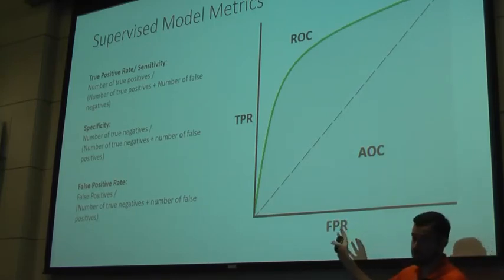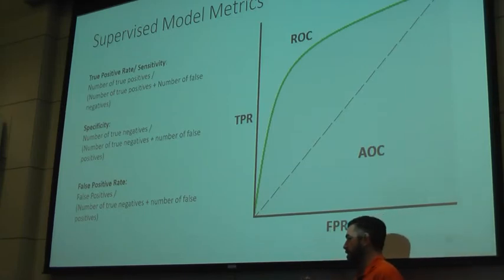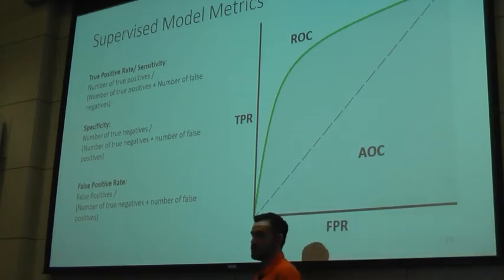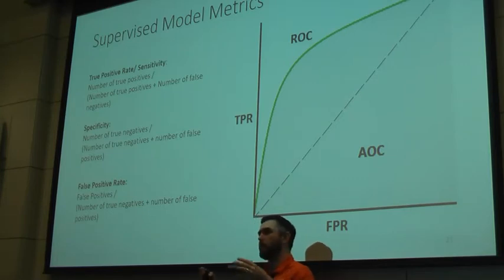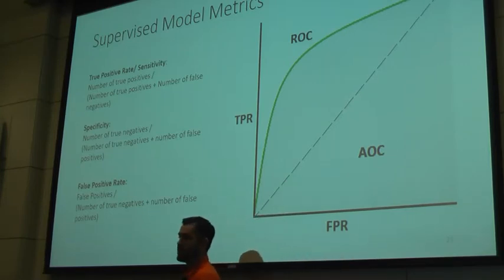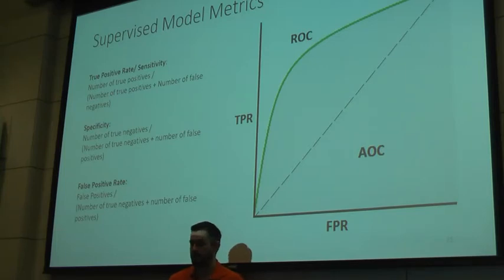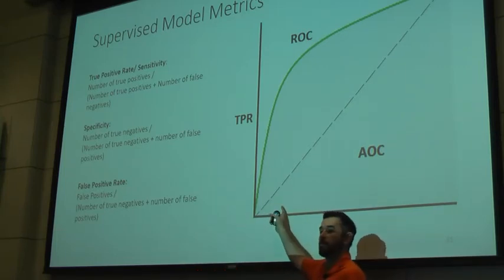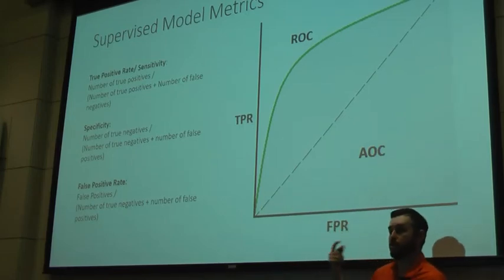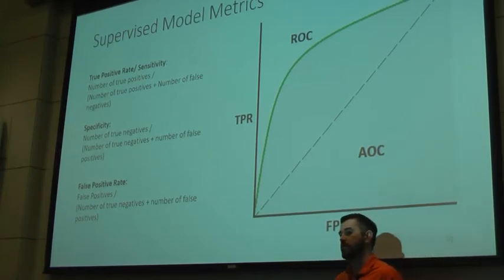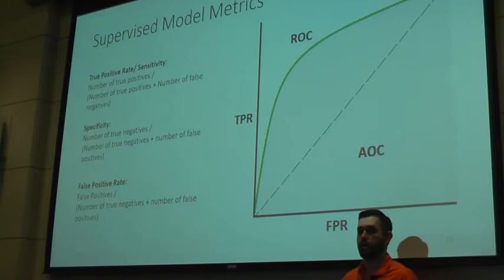Now, the caveat with this is that it depends on the business case. If you go back to the cancer example, your model might be much more dangerous if it tells someone they don't have cancer and is wrong than if it tells someone they have cancer and is wrong, right? So even though you want the best performing model, knowing what you're doing and the implications, you have to make the decision on where you draw that line.